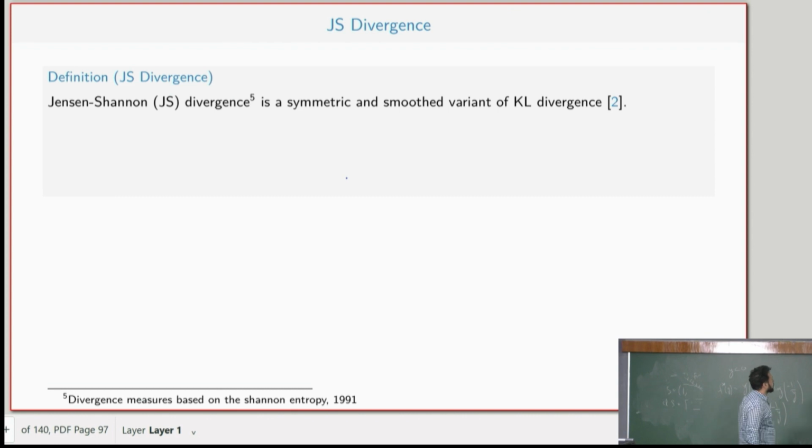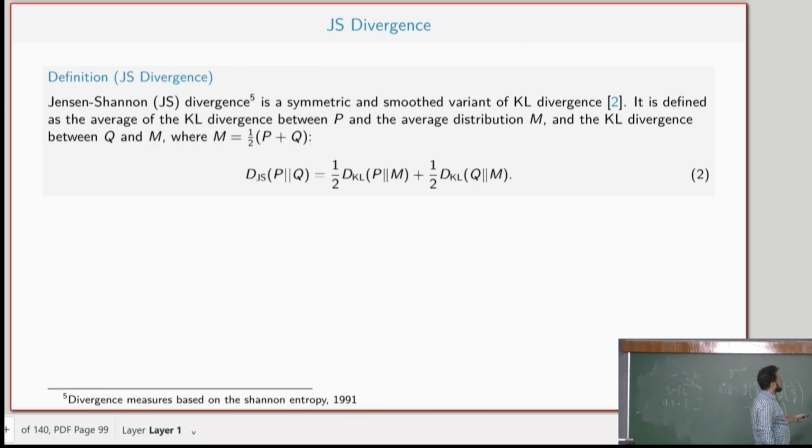Now let us also look into a slightly symmetric variant of KL divergence, which is called Jensen-Shannon divergence. Jensen, we don't say Jensen, we call it Yensen because it's a Danish name, so the J is pronounced as Y. Jensen-Shannon divergence, or JS divergence, is a symmetric and smooth variant of KL divergence.